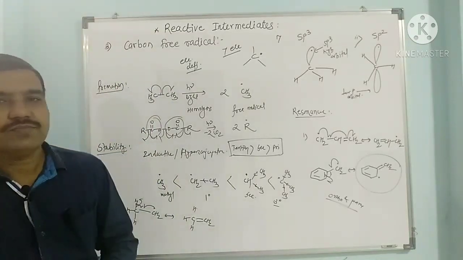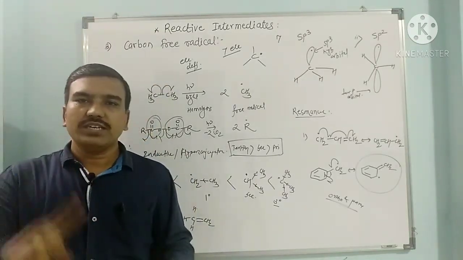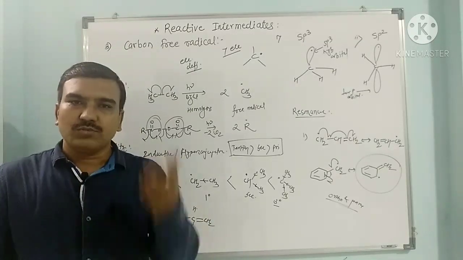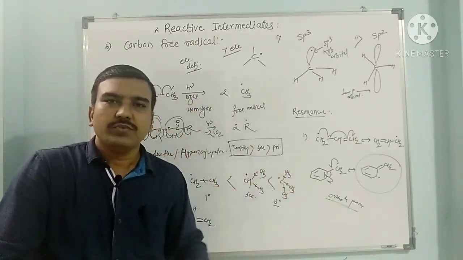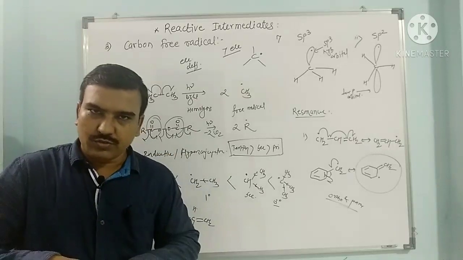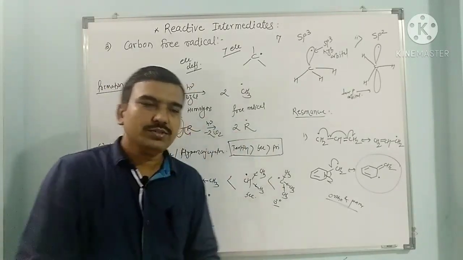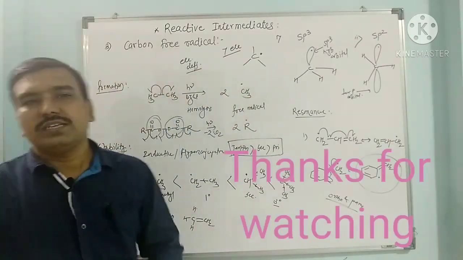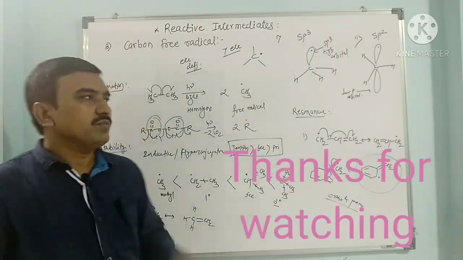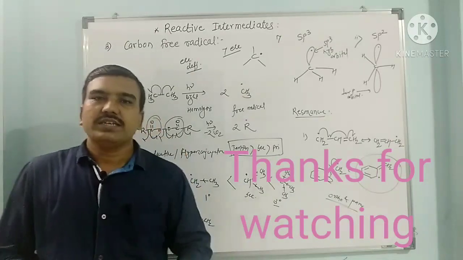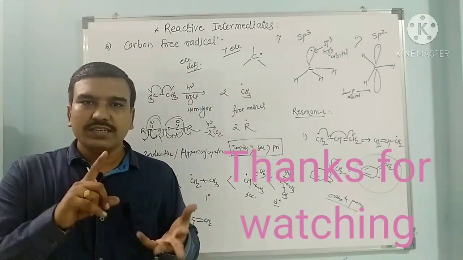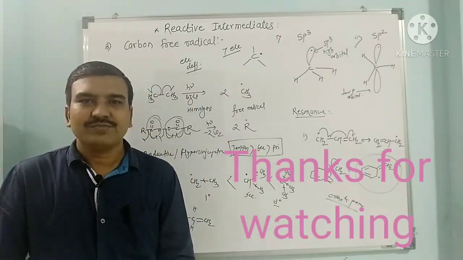So we have seen the stability of carbocation, carbanion and free radical: carbocation is stabilized by donating groups, while carbanion is stabilized by withdrawing groups. But free radicals are also stabilized by donating groups, as it is an electron deficient intermediate. So we have discussed very important and simple intermediates: carbocation, carbanion and free radical. Thank you.